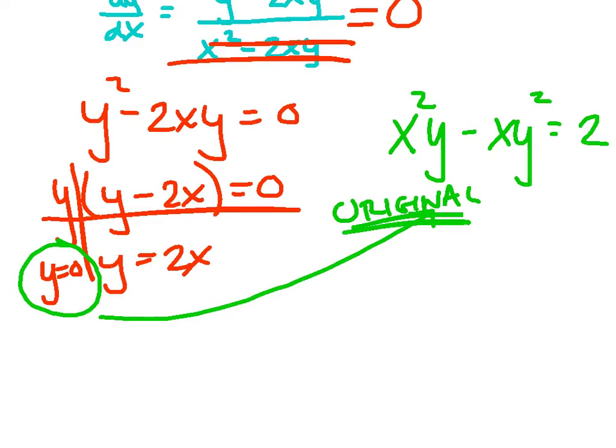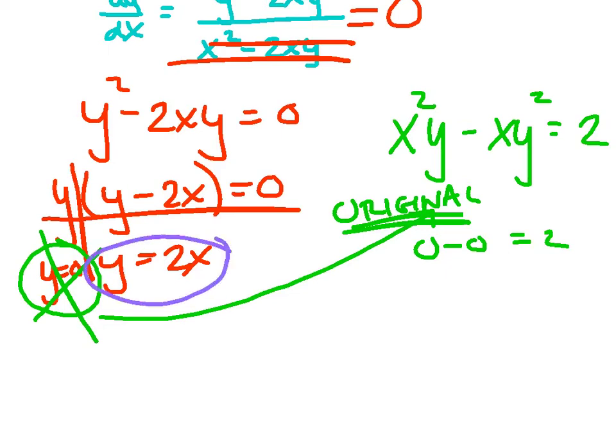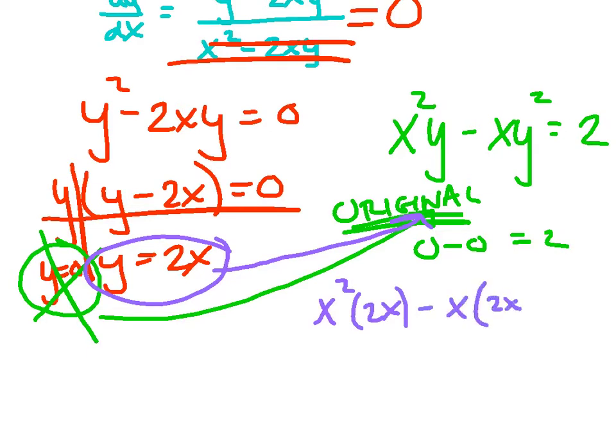If I plug 0 into y, I basically get 0 minus 0 equals 2. Does that make any sense? Hopefully you're saying no, so this answer gets rejected. Now I've got to do the same thing with y equals 2x, because it's not an actual value. I'm going to substitute that back into the original. So I've got x squared times 2x minus x times (2x) squared equals 2.